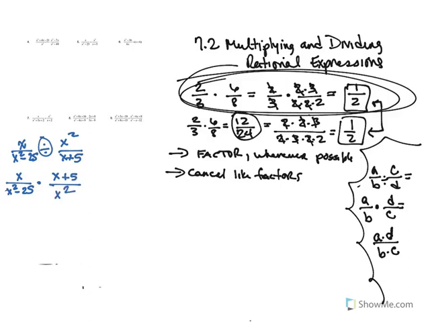Because division by a fraction really means to multiply by its reciprocal. That's a basic fraction rule. That's a basic mathematical concept. So when we see the dividing, we are going to change it to multiplication and flip the second fraction. Then you're going to work your problem the same. You factor wherever possible and you cancel like factors. So here we go. x squared minus 25 can factor.